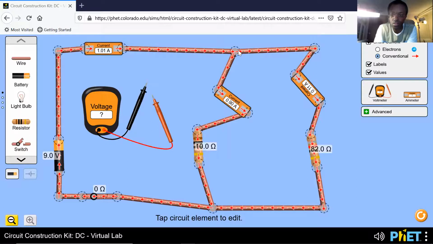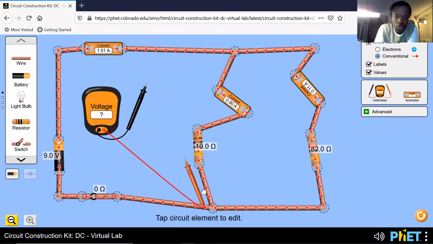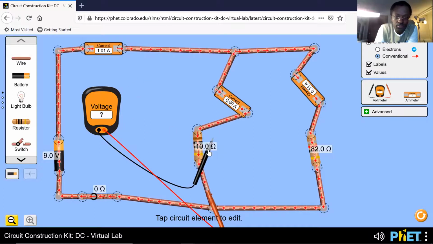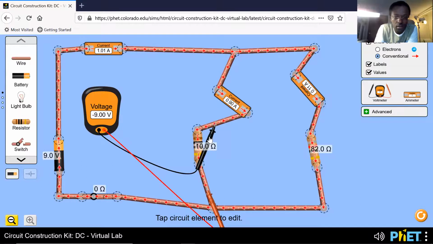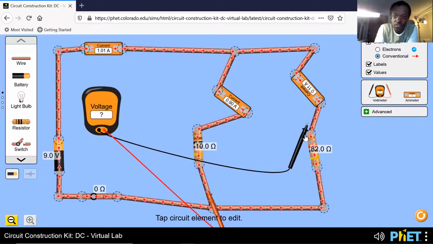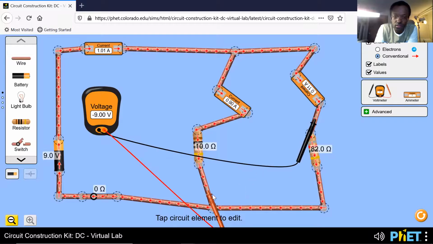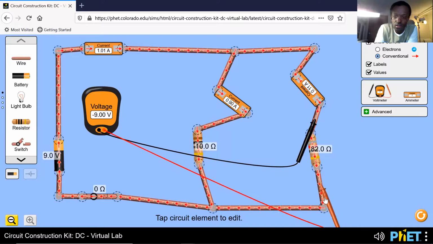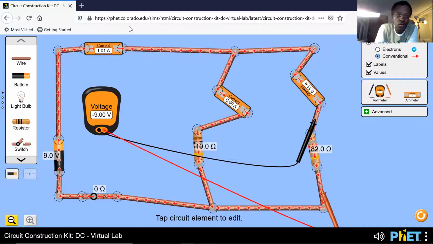The voltage across the resistor on the left is 9, the same as that of the battery. The voltage across the second one is also 9, the same as the battery. As we said earlier, the voltage does not change in a parallel circuit.